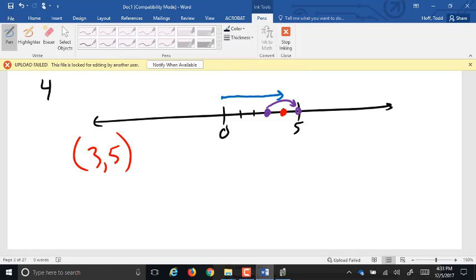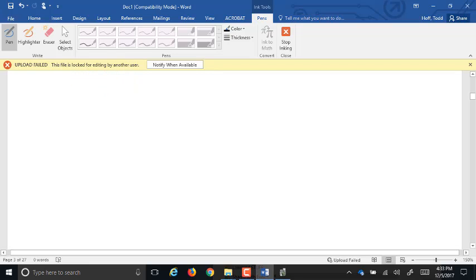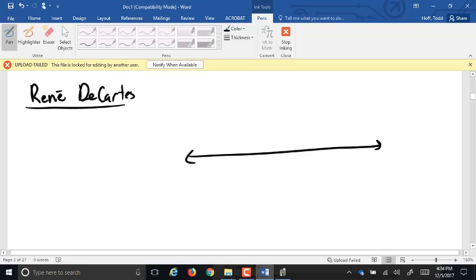Well, about 2,500 years ago, a mathematician by the name of Rene Descartes came up with an idea to make this work. And what Descartes did was he said, we're going to take that number line just like we always do.